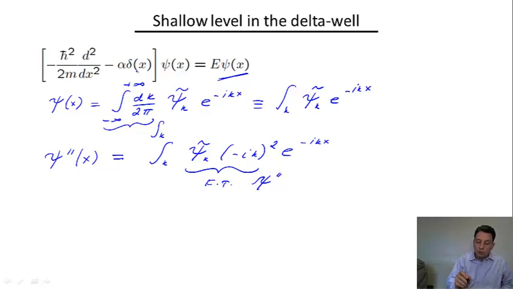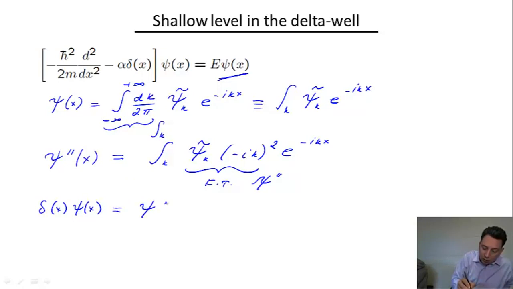And finally, we also have this term, delta of x times psi of x. But since delta of x is a sharply peaked function at x equals 0, it essentially pulls out only the value of the wave function at x equals 0. All other values of this wave function in this product basically don't matter. So this term is going to be identically equal to psi of 0 times delta of x.